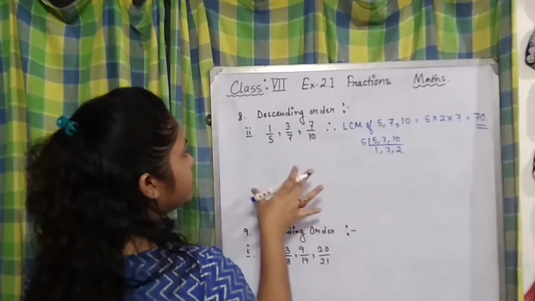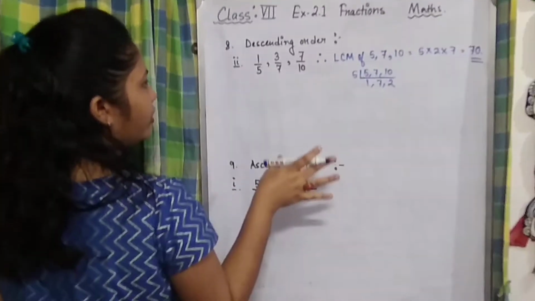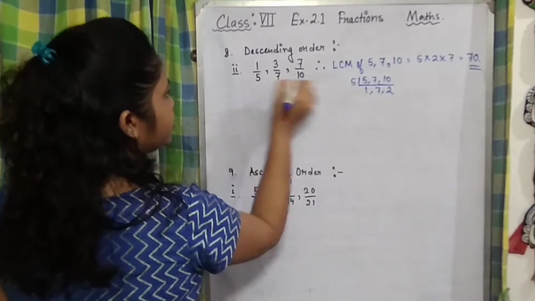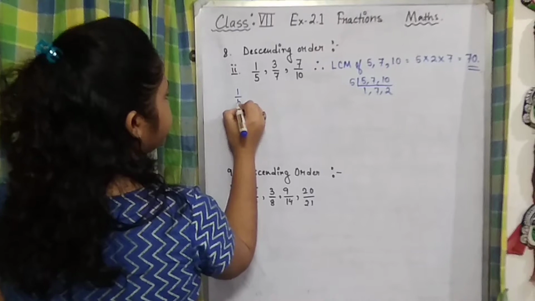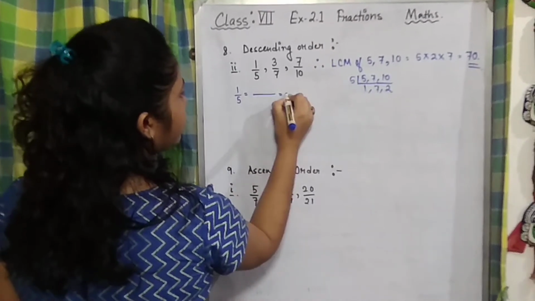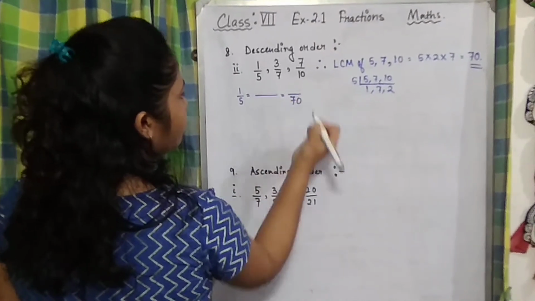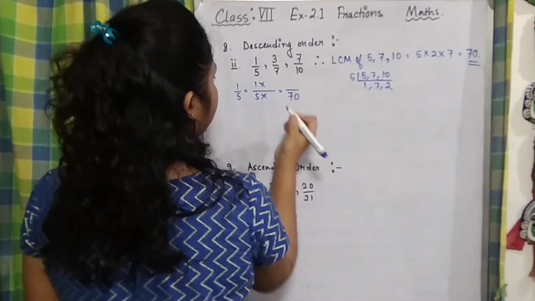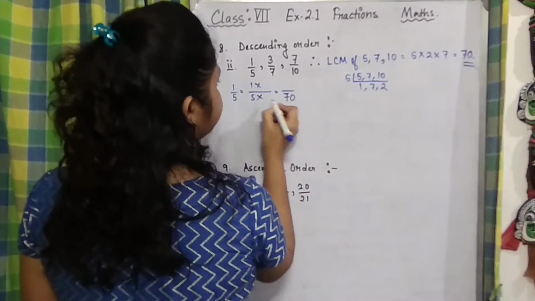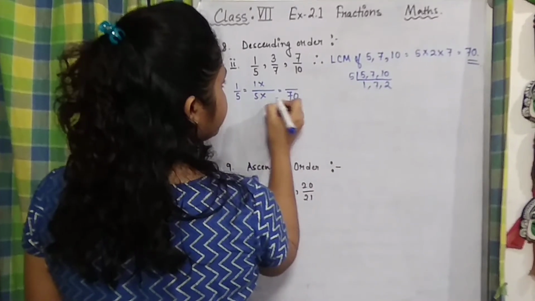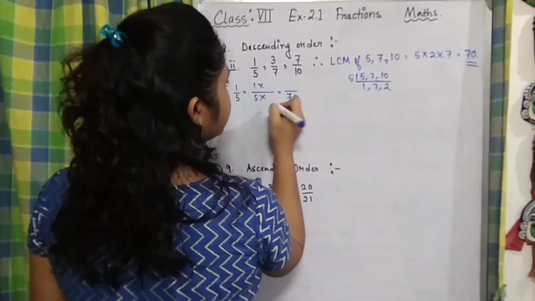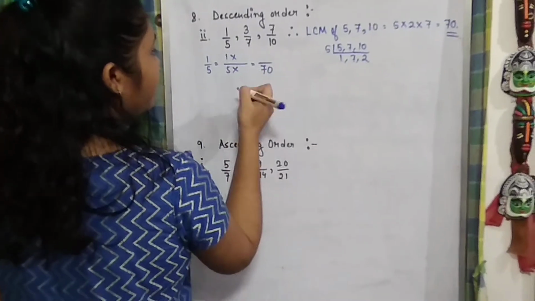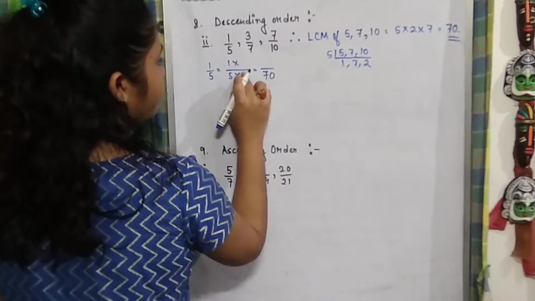Now for finding out the ascending order as well as the descending order, we have to find out the equivalent like fraction for each of these fractions. We'll follow the similar method, where we have already seen how to find equivalent fractions. So we are going to multiply 1 by 5 with 14.